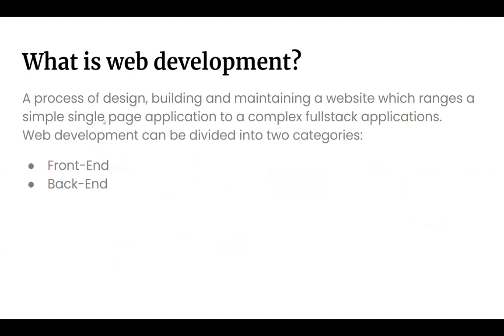It is the process of designing, building, and maintaining a website, which ranges from a simple single-page application to a complex full-stack application. Web development can be divided into two categories, front-end and back-end. And if you have both together, you might be considered full-stack.